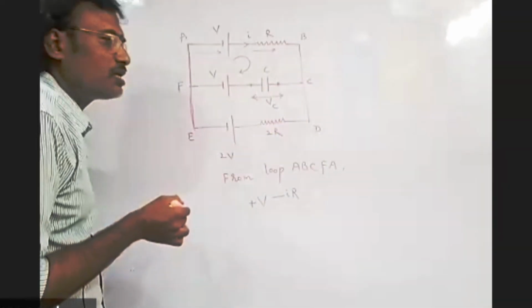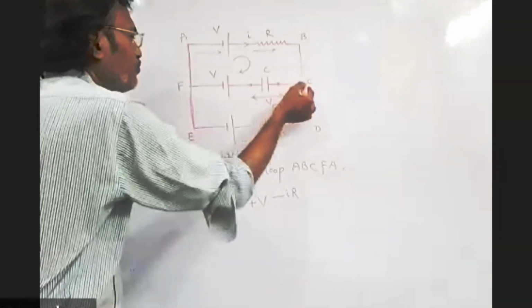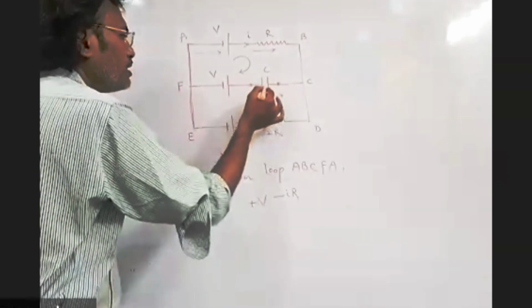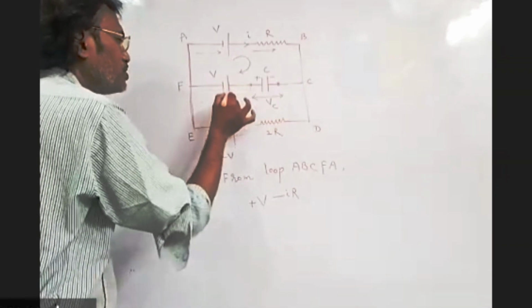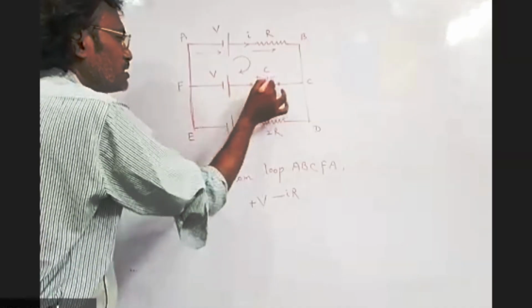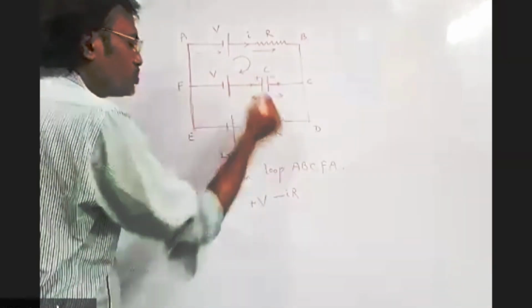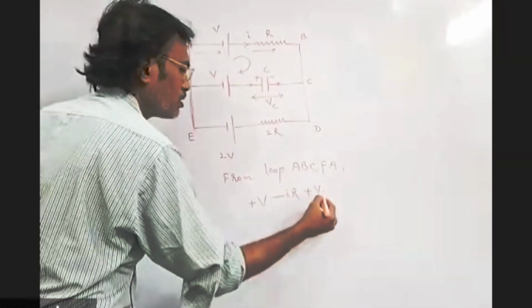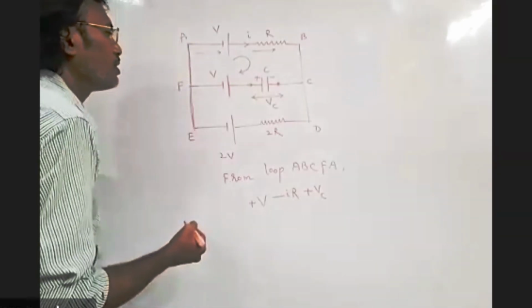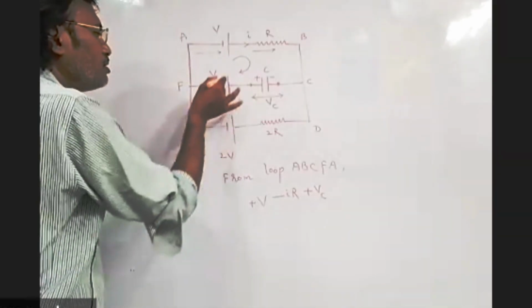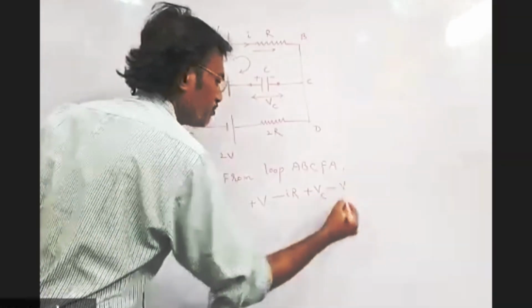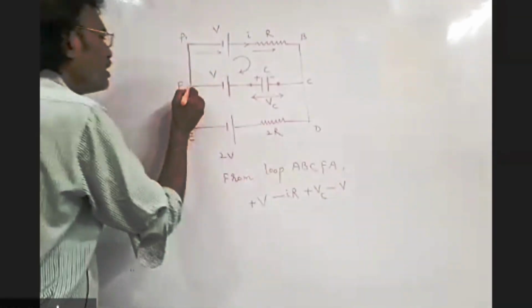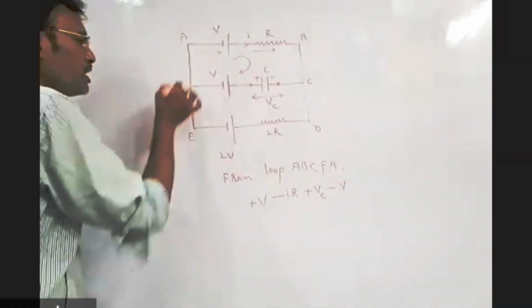and no resistor, nothing. And then from C to F, this end is connected to negative and this end is positive. Why? Because this is the positive end, so plus is connected, this is minus. Minus to plus, plus VC, and then high to low, minus V, and F to A again, no cell, nothing.